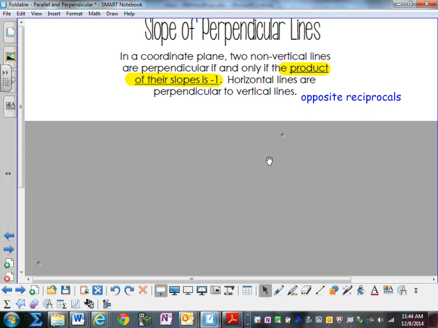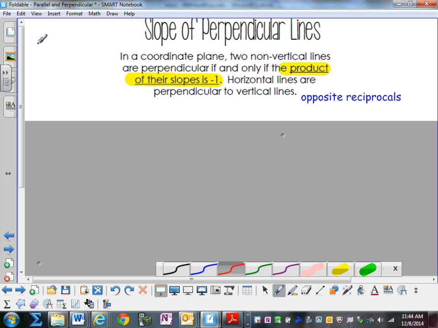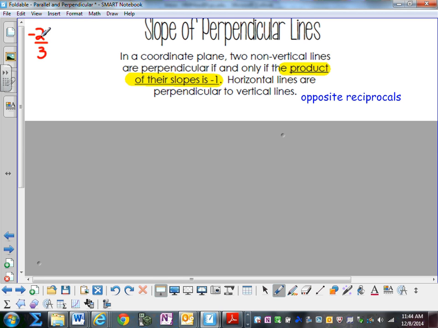When we talk about the slopes of perpendicular lines, we talk about the product of their slopes being -1, but we also talked about them being opposite reciprocals. So an opposite reciprocal is just this. If I had the slope of -2/3, the opposite of a negative number is a positive number, and the reciprocal of 2/3 is 3/2.